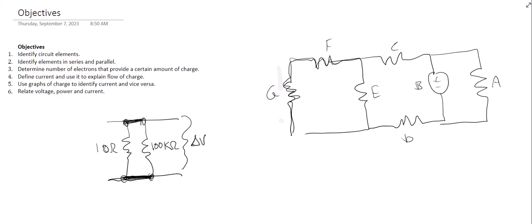And so that would be F and G are in series. And I don't think I have anything else in series because, like, if you wanted to say F and C were in series, they would not be, because between F and C, there's a branch, you could go off and go towards E, so those are not in series.